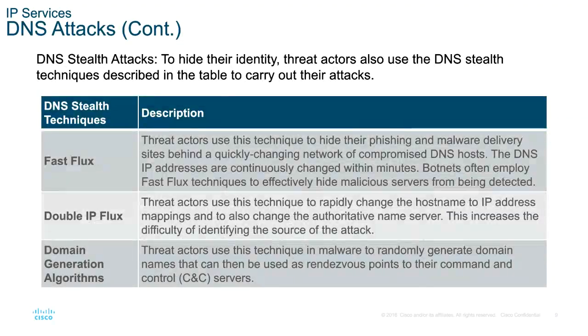So, fast flux is a technique where we basically hide the phishing and malware delivery behind this. And we continuously change the IP addresses, thus hiding the source of the attack.